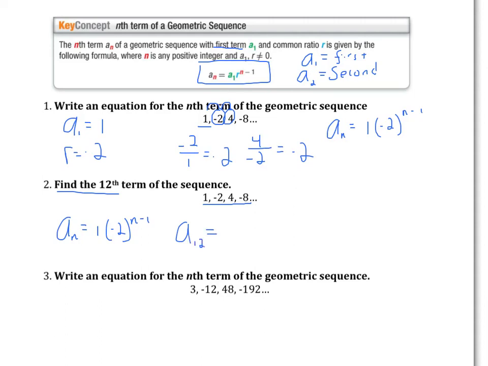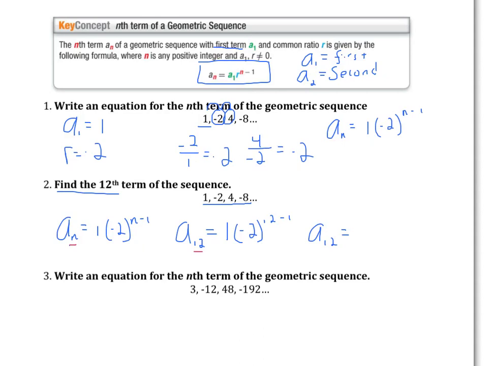So we're going to substitute a sub 12 in for this. We have 1, we're using the same formula. What is n? Well, right here, n is 12. So we're going to substitute 12 in for n. 12 minus 1. And then we can find out what the 12th term is by simplifying this.